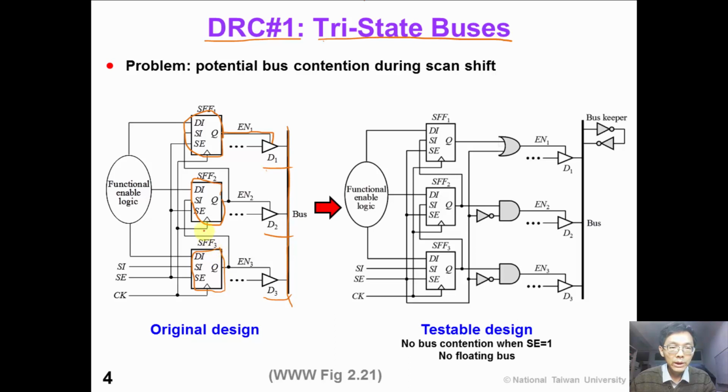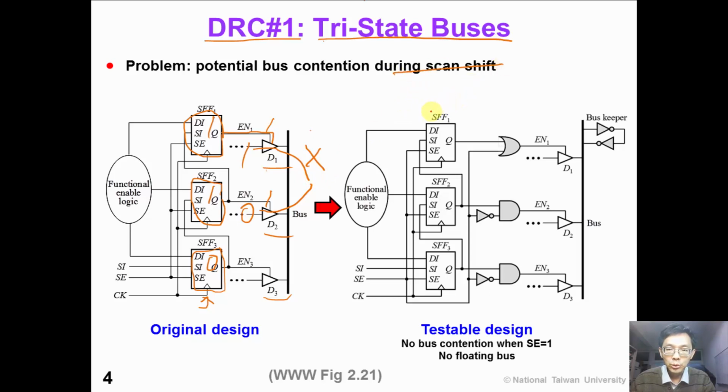However, when we shift the scan chain, we can have random patterns coming in. So we can have more than 1 drivers driving this bus at the same time. If these 2 drivers have different values, then we will have a contention. This is not allowed during scan shift.